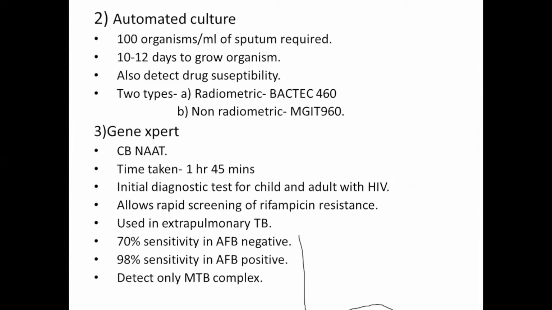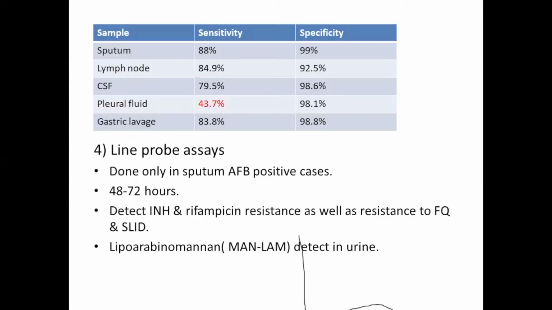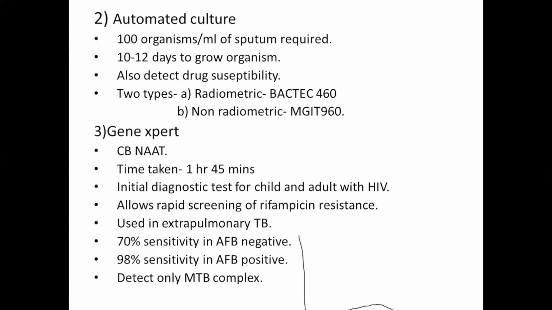There are two methods for drug susceptibility with PCR: Gene Xpert, and the other is the line probe assay. For Gene Xpert, we are mainly using the CBNAAT technique. It takes around 1 hour 45 minutes, is an initial diagnostic test for children and adults with HIV also, and allows rapid screening of rifampicin resistance, used in extrapulmonary TB also.